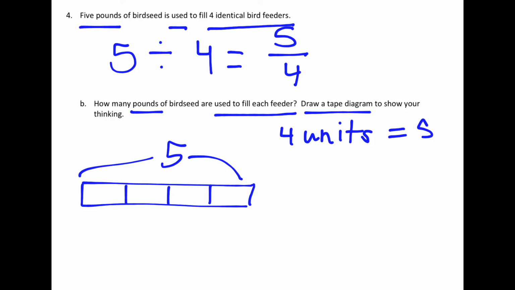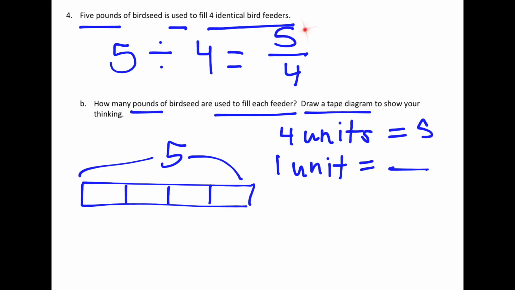Now, let's go ahead and focus on 1 unit. 1 unit, we're going to use this model right here. 1 unit is equal to, let's put in a fraction. Where on this part of your paper do you see a fraction?